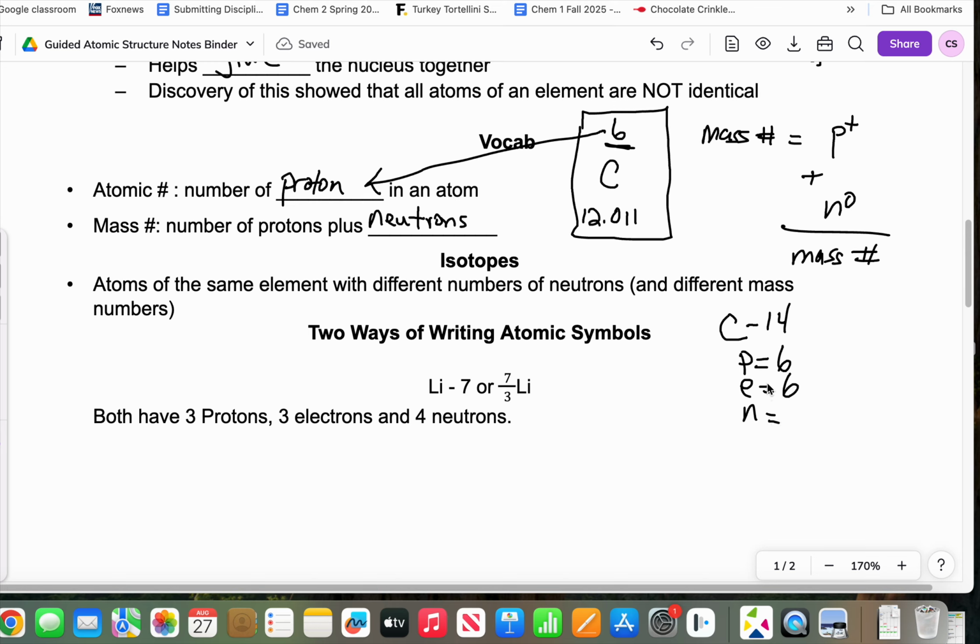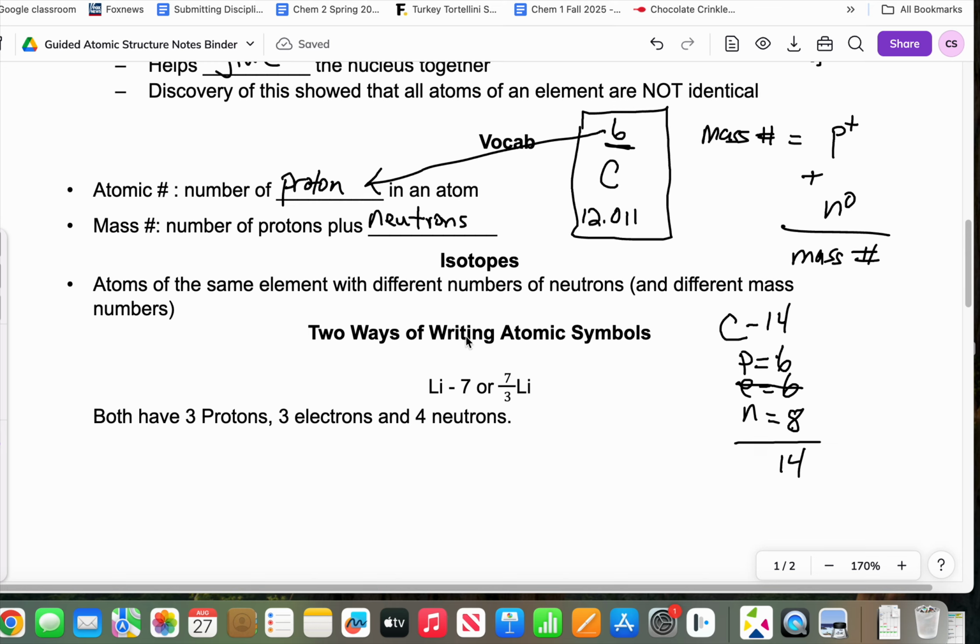Now, the neutrons are going to be 8. The mass number then, protons plus neutrons, 6 plus 8, is 14. You don't add the electrons up. That's also how atoms are named. We'll talk about isotopes later.